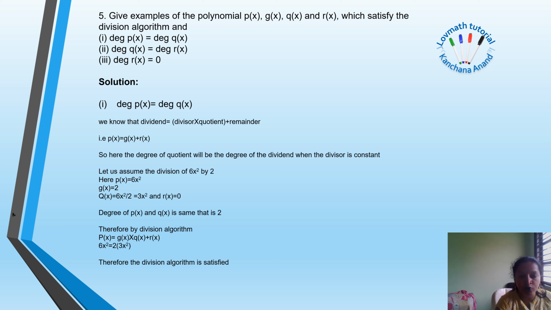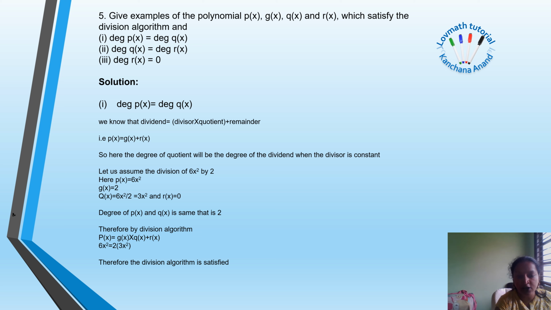Here we have to show that the degree of the polynomial p of x should be equal to the degree of the quotient. We already know that dividend is equal to divisor into quotient plus remainder. That is p of x is equal to g of x into q of x plus r of x.